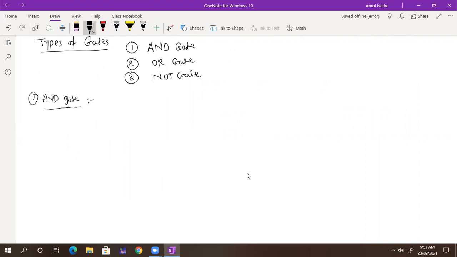So the AND gate is the electronic circuit that gives high output. High output is nothing but one, only if all its inputs are high. Okay. So write down that the AND gate is an electronic circuit.